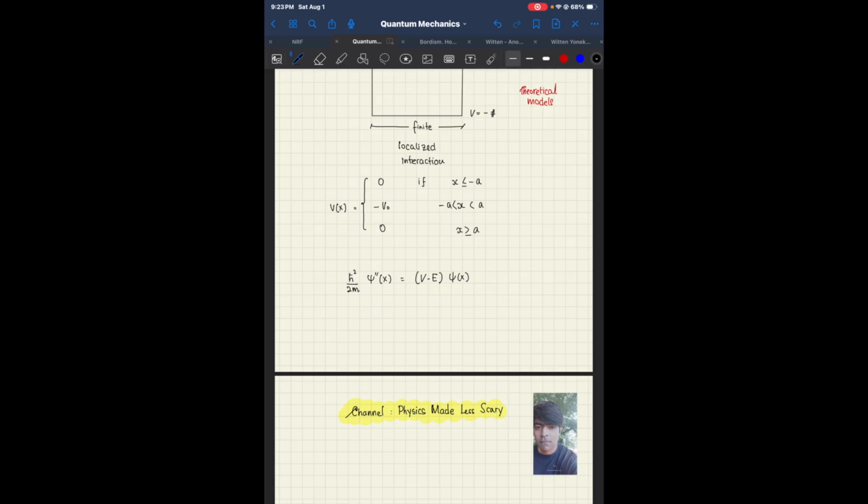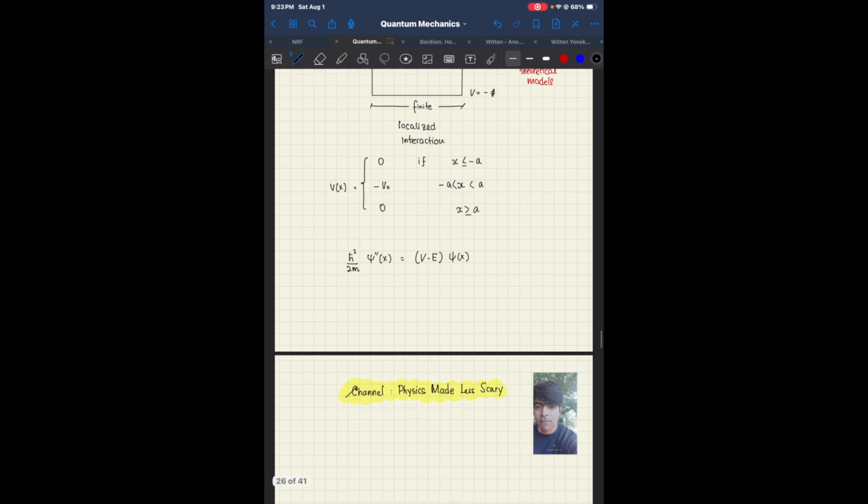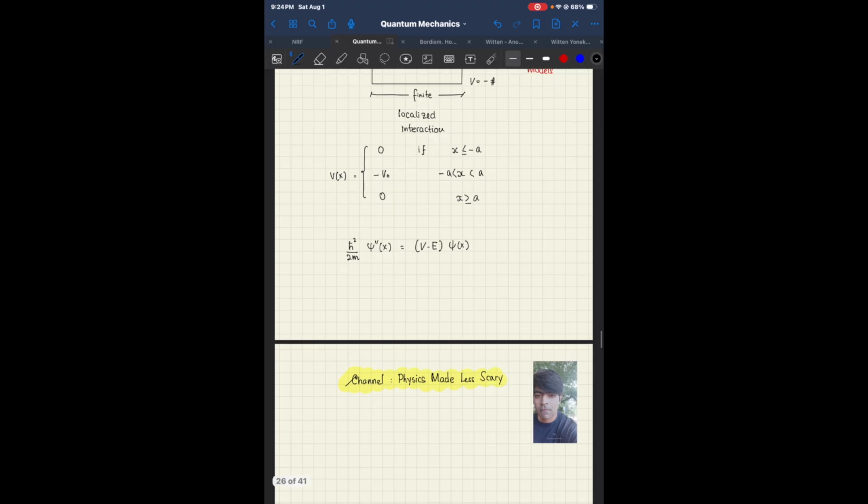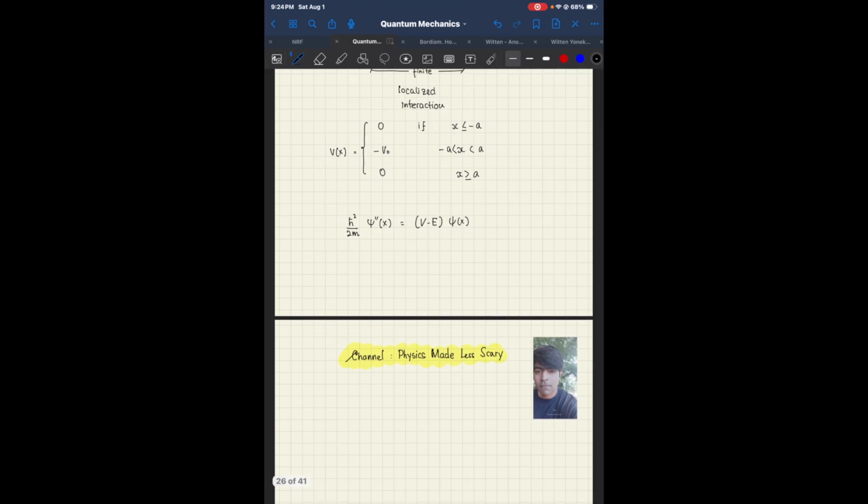Do you recall this? Should I go back? Or maybe this is fine, if you recall this. Let me check the sign though. I am always confused about the sign. Yes, the sign is correct.